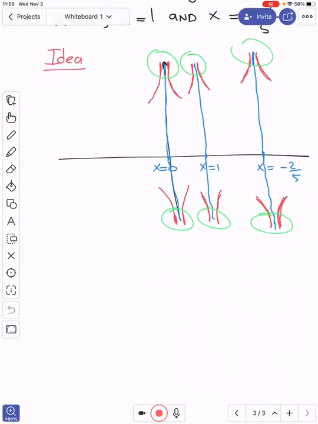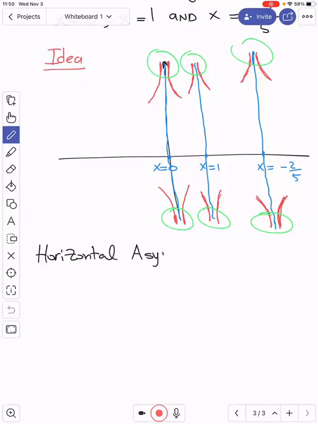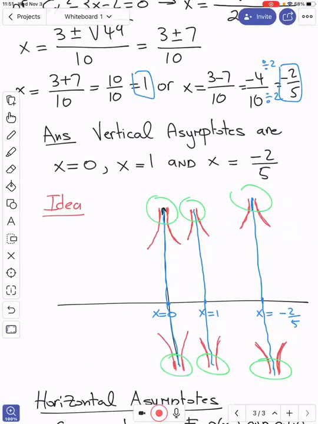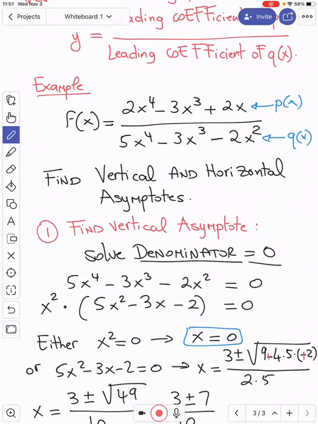Now for the horizontal asymptote, in 30 seconds, guys, I'm sorry about this. We need to compare the degrees of P and Q. So in this example, the degree of P is 4, the degree of Q is 4.